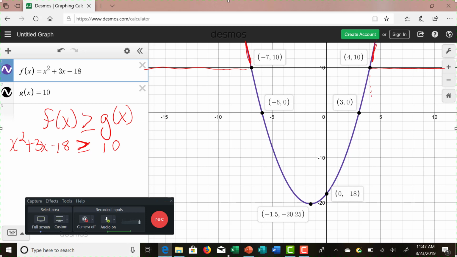So if you look at the x-axis down here, that's from 4 forward over here, and we do include 4, so it's going to be a square bracket. And then over here, if you look to the corresponding value on the x, that's at -7. So we would include -7 with a square bracket, but it would be everything before it. Because remember, in between those two numbers is where it's below, so that's when it's less than.